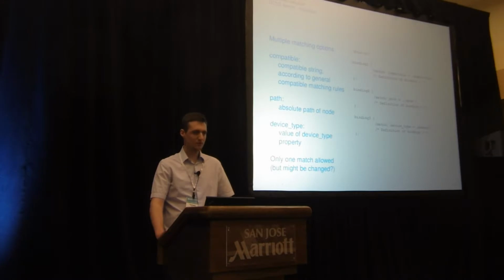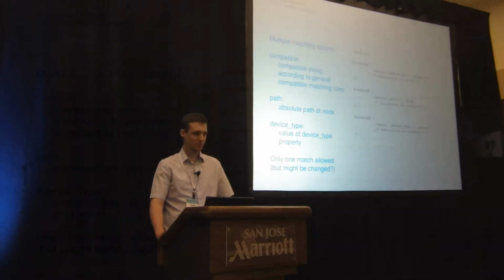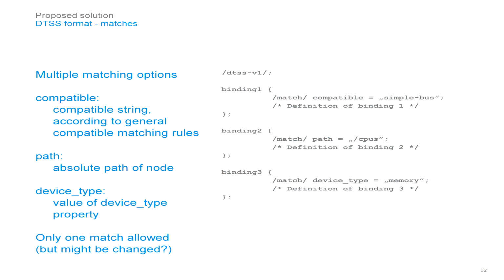And so to cover multiple possible matching options for bindings, we have currently 3 possible matching types. The first one, probably the most common one, is by compatible string. The second one is by absolute path of a node in the tree, and the third one is by the value of device type property.